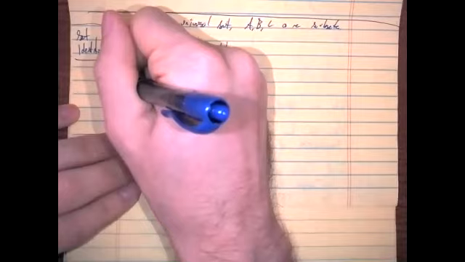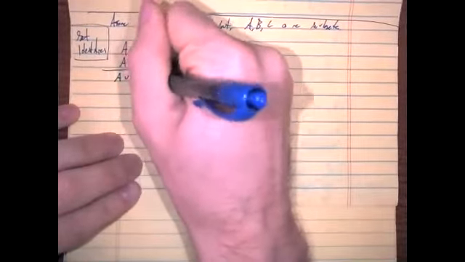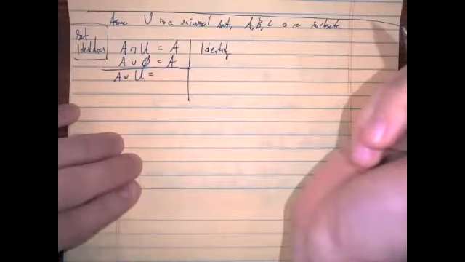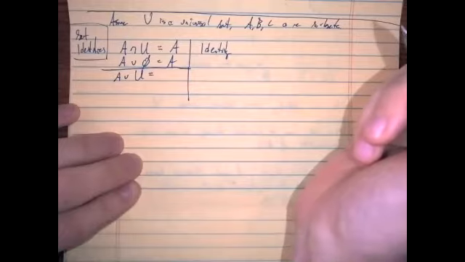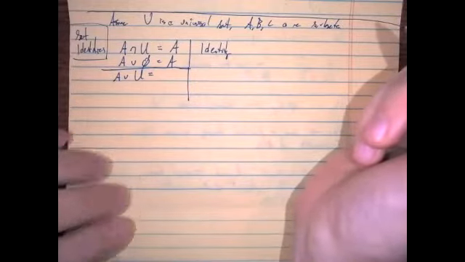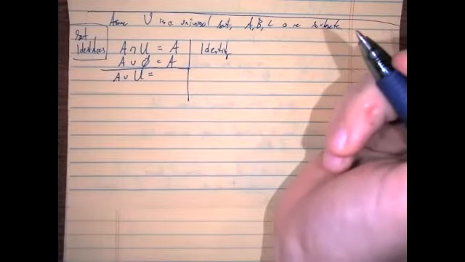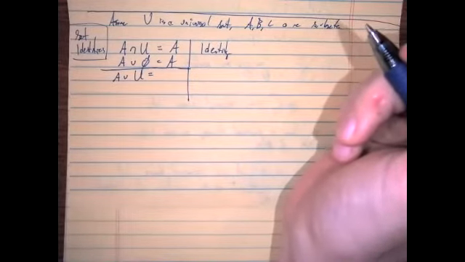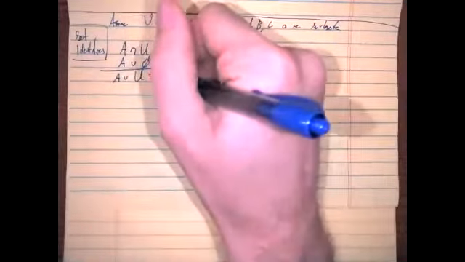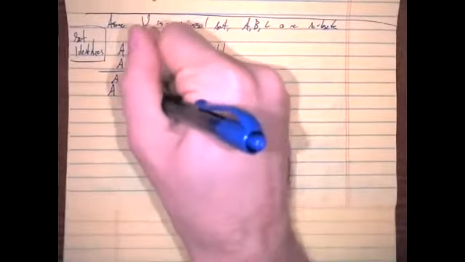Similarly, we have A union the universal set is what? Actually, I'm going to have all of y'all answer all these questions because that's a reasonable thing to do. Yeah, A is a subset of U, so the union of A and U has to be U. And how about A intersect the empty set?